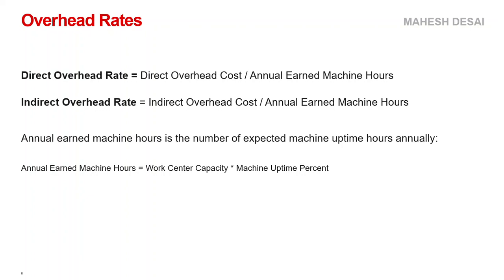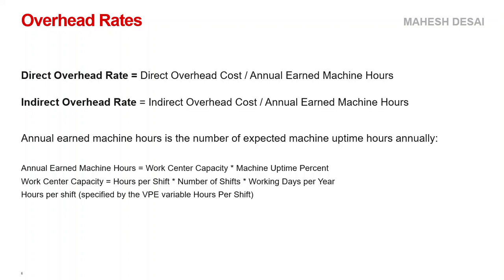Annual earned machine hours is calculated as work center capacity times machine uptime percent. Work center capacity means how many hours per shift, how many shifts, then working days per year. Hours per shift is specified as a VP variable. Number of shifts is also specified as a VP variable.